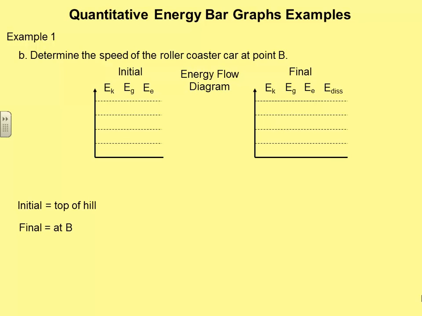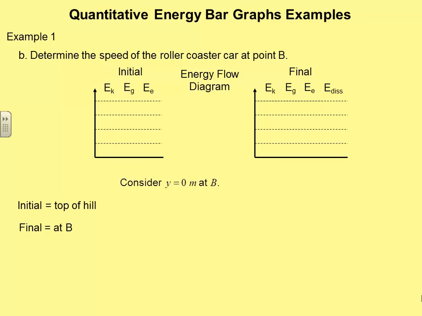Now the next choice we have to make is where is the zero of EG? In the previous part we said, well, let's make the ground zero, and we could do that here as well. In that case, there would be some final gravitational potential energy because you'd be 25 meters above the ground. However, we also could do this problem, and this will be a more clever, perhaps less math way of doing the problem.